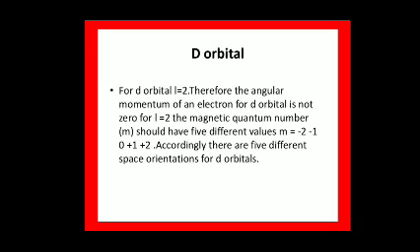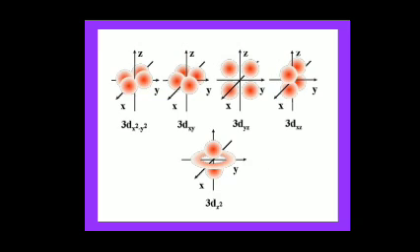In the first set, the lobes are oriented between the axes: dxy, dyz, dzx. In the second set, the lobes are oriented along the axes: dx square minus y square and dz square. See the d orbital shapes: dxy lobes lie between the x and y axes, dyz lobes lie between the y and z axes, dzx lobes lie between the x and z axes, and dx square minus y square and dz square lobes lie along the x, y and z axes.